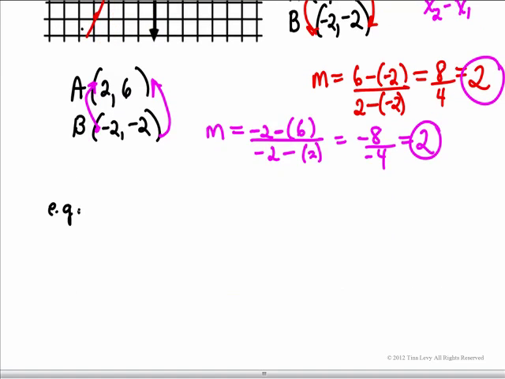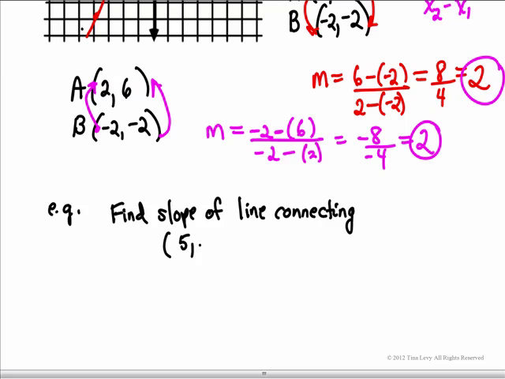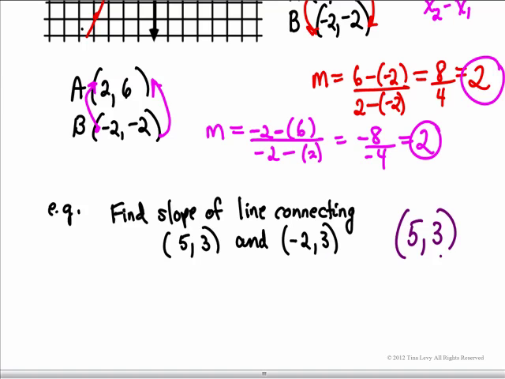For example, I could say find the slope of the line that connects, and I just give you the ordered pairs. Find the slope of the line connecting the ordered pairs 5, 3 and negative 2, 3.